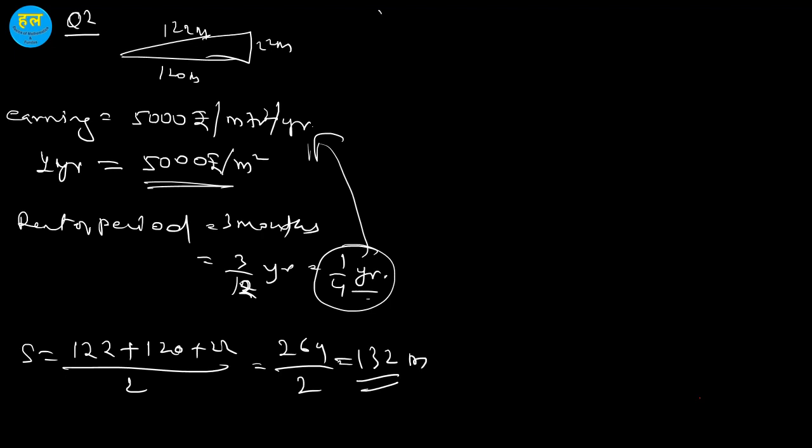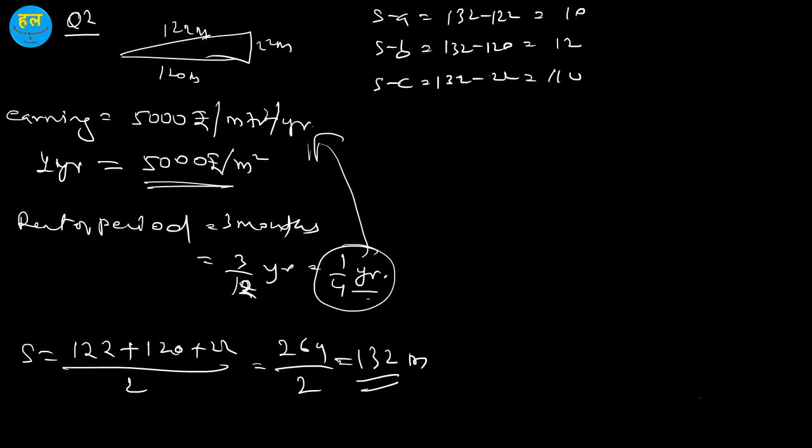Then we will find S minus A, S minus B and S minus C. S minus A is 132 minus 122, S minus B is 132 minus 120, and S minus C is 132 minus 22. This will become 10, this will become 12, and this will become 110.